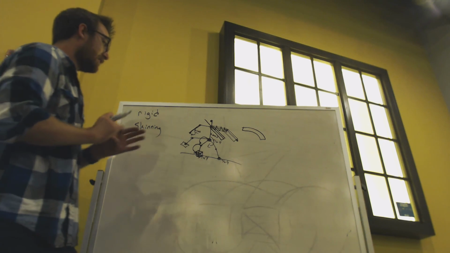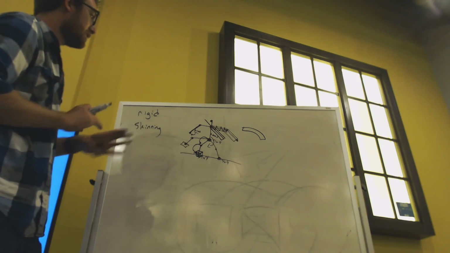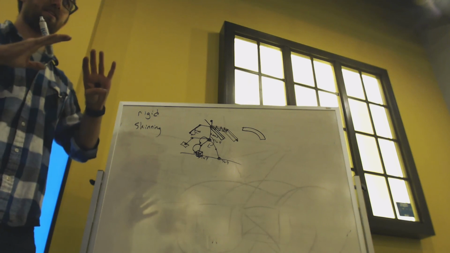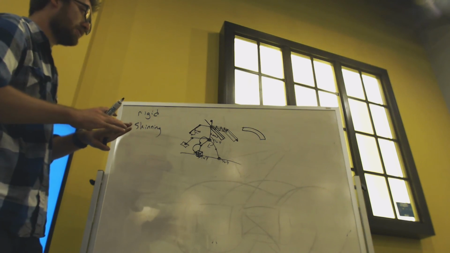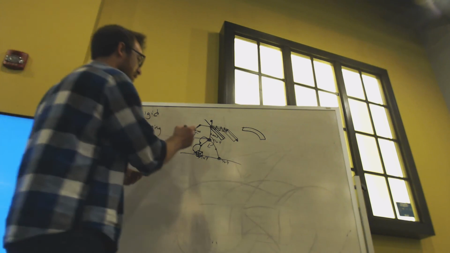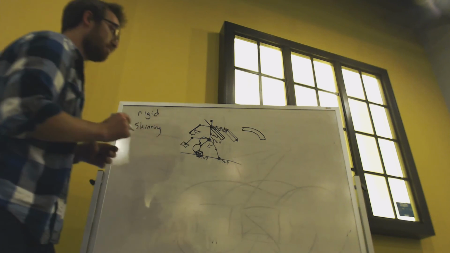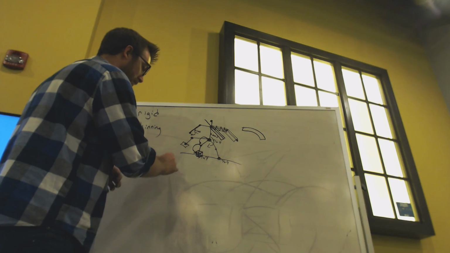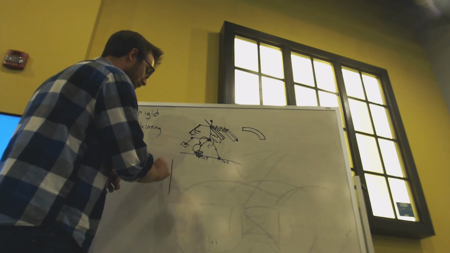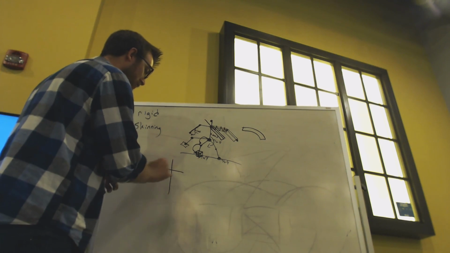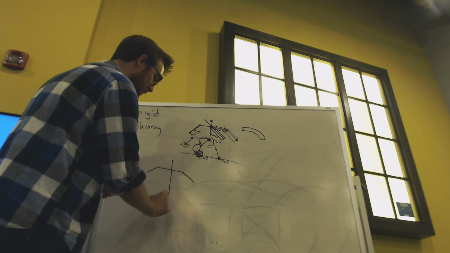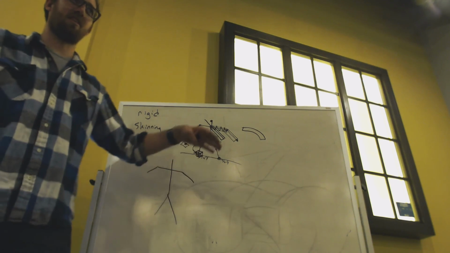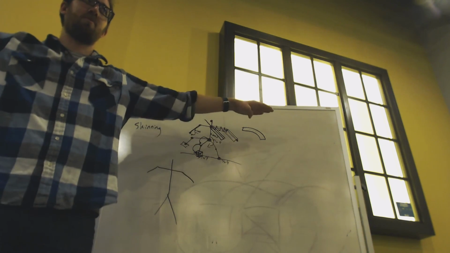Okay. The trickiest part, the part that I had a difficult time grasping because no tutorial really says much about it, is the bind pose. Usually when 3D modelers make a character, they do a bind pose, which is usually either an A pose or a T pose.